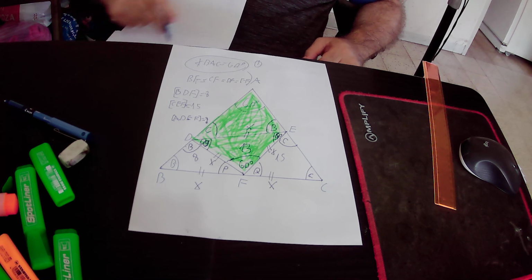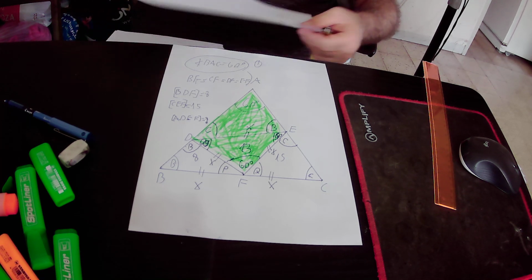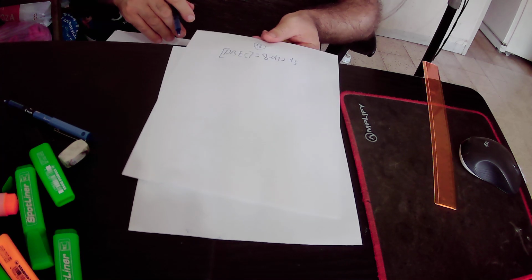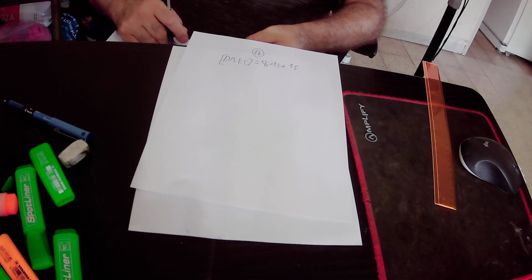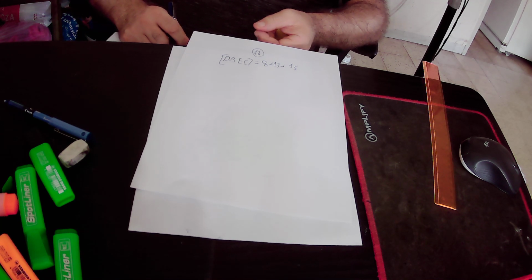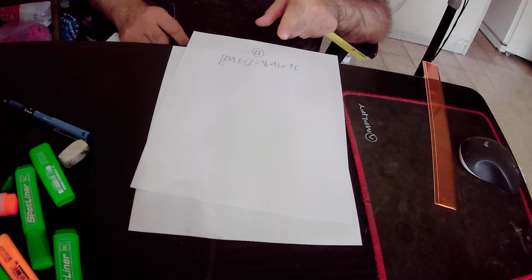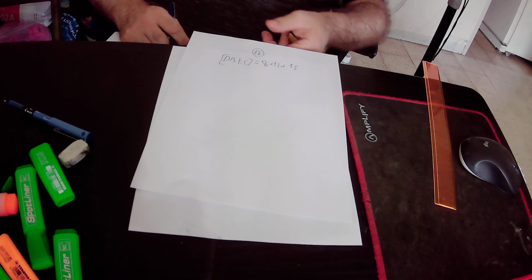So in total, the area of the quadrilateral DBEC equals 8 plus 13, that is 21, plus 15 is 36.